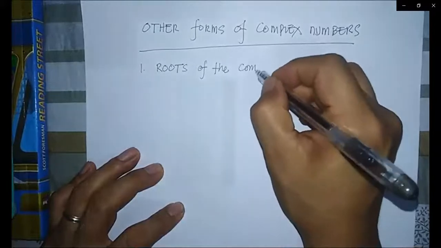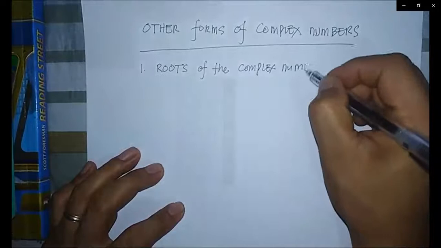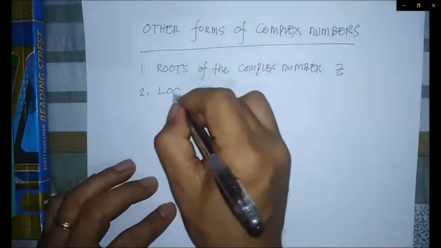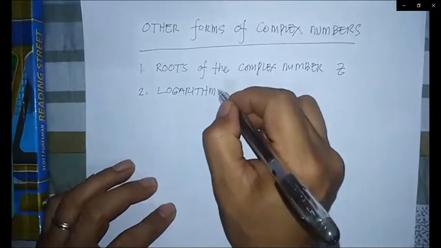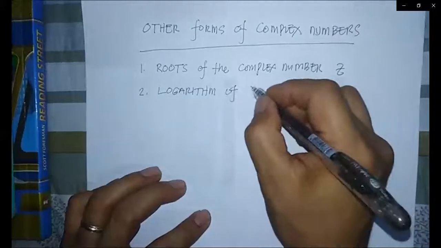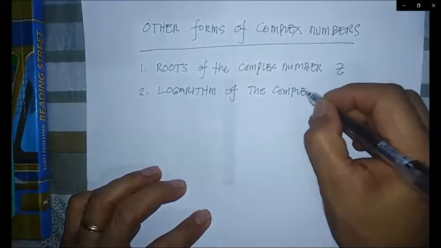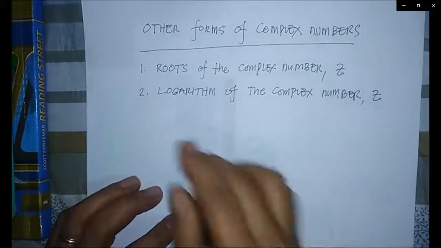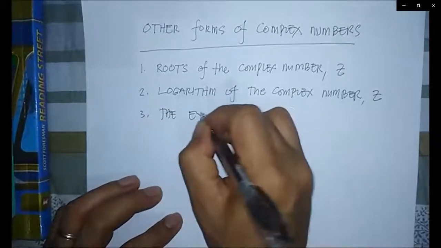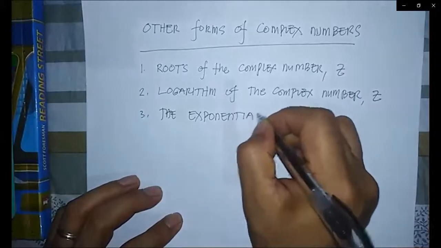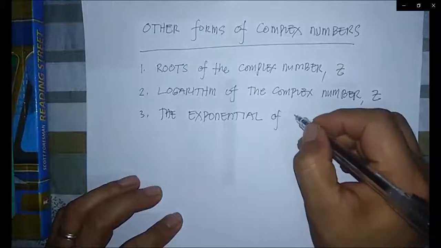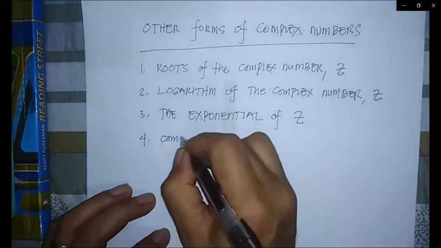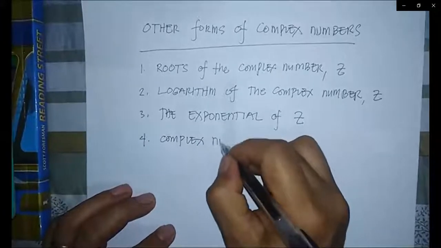Under the other forms of complex numbers, we will first discuss the roots of the complex number Z. Next, we will discuss the logarithm of the complex number Z. Next, we are going to discuss the exponential of the complex number Z. For our last topic for today, we are going to discuss the complex number when raised to another complex number.